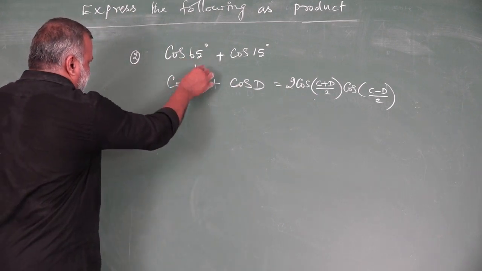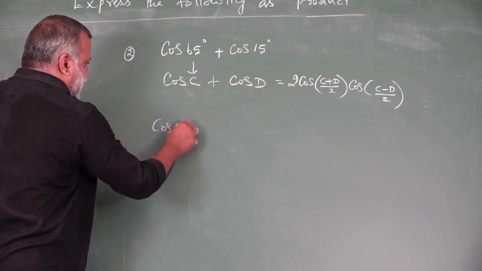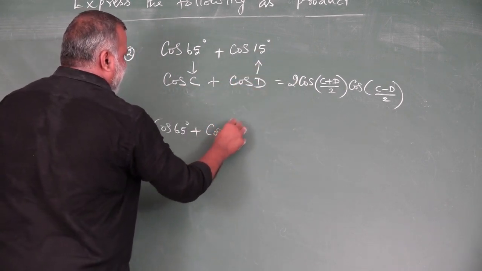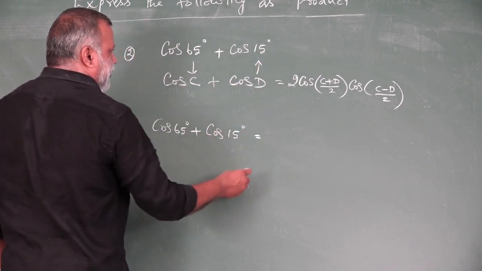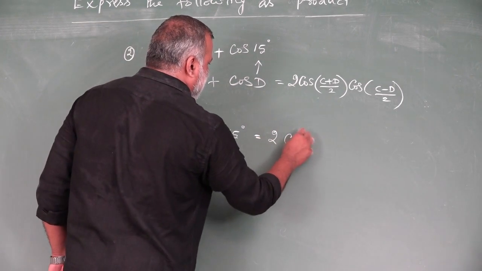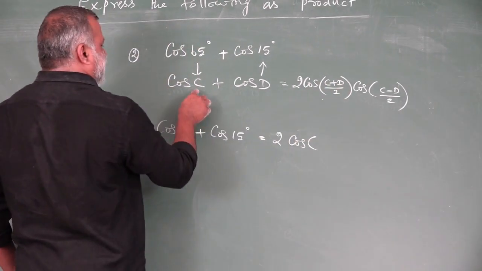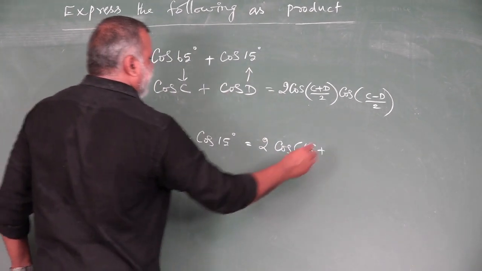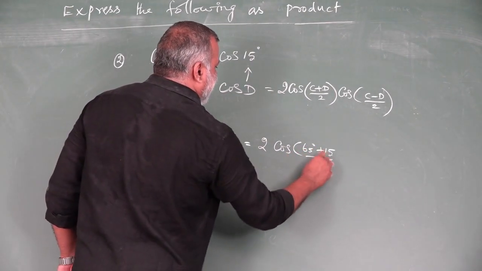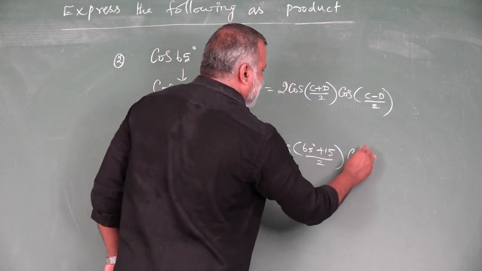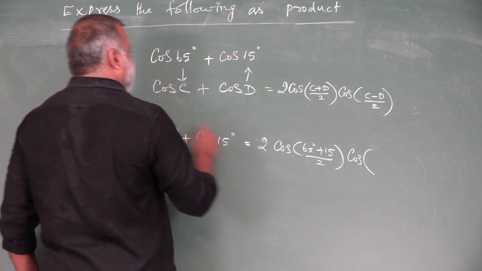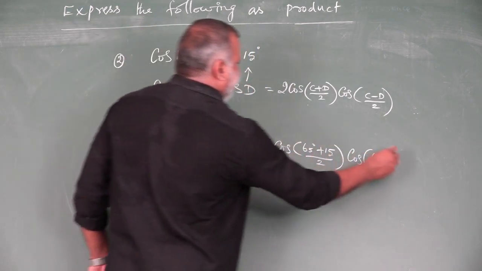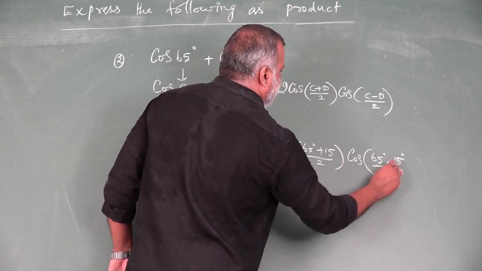Now C is replaced by 65, therefore cos 65, and D is replaced by 15, that means cos 15, is equal to 2 cos((65 plus 15) divided by 2) into cos((65 minus 15) divided by 2).